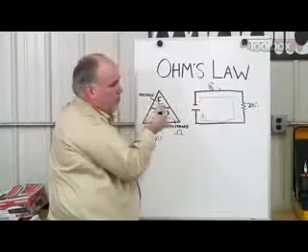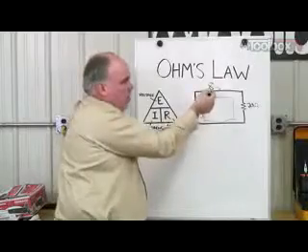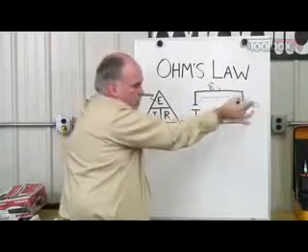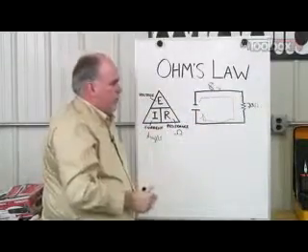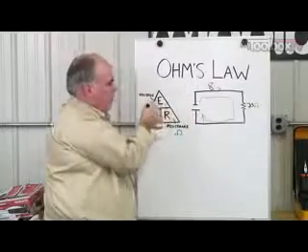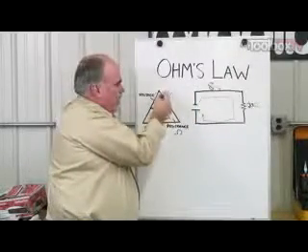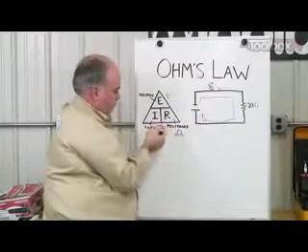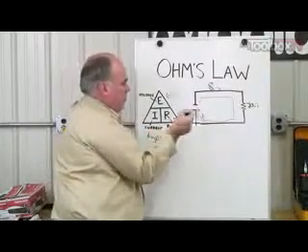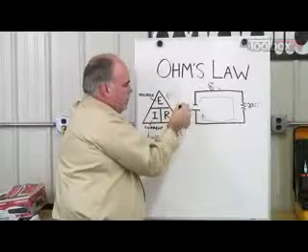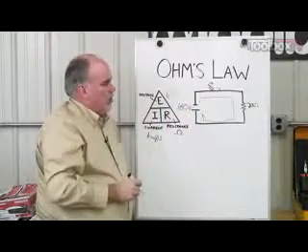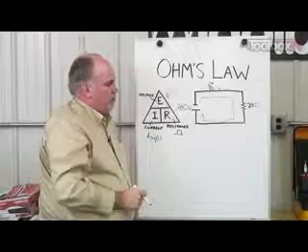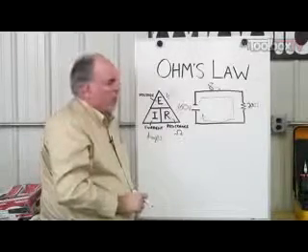So if you don't know voltage, and you know amperage because you measured it, and you know resistance because you either measured it or it was written there, you can find the voltage. You can find any quantity that you don't know. In this case, we take the current times the resistance, 8 times 20, 160 volts. So it shows relationship, and we can find unknown quantities.